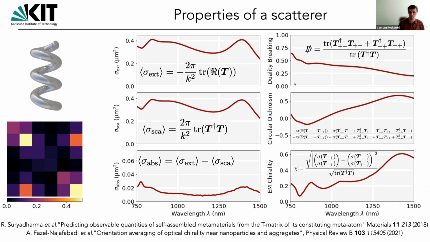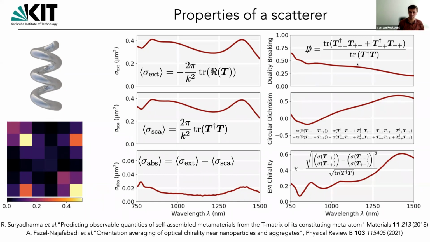But you can also look into some more exotic properties that are useful in the context of specific applications. One of them is our ability to quantify duality breaking. An object is dual if it preserves helicity in the interaction process. That means that if you want to measure how non-dual an object is, you need to measure the amount of scattering interaction that takes place in the cross-coupling terms in these helicity T matrices.